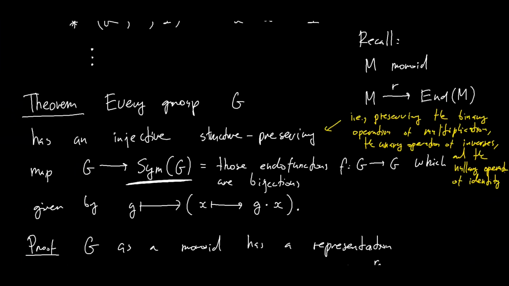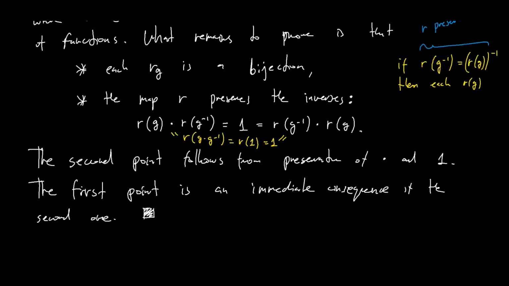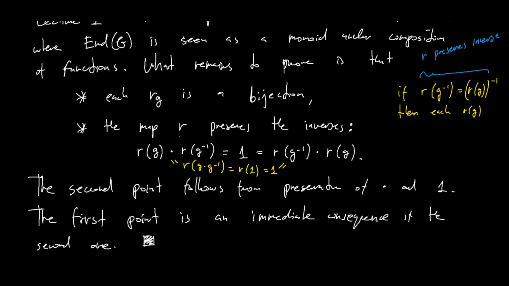So there is an interesting fact that kind of emerges from the last part of this proof, namely the observation that when R preserves multiplication and 1, it automatically is forced to preserve the inverses as well. In fact, something stronger is true.